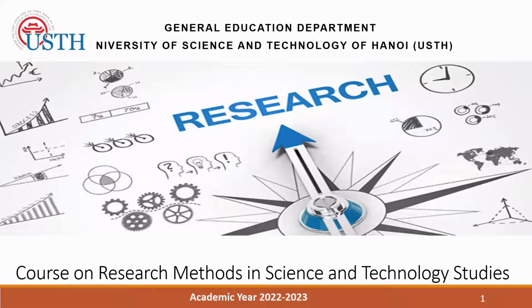Of course, science and technology studies also use research methods from other fields of study. And because we are now working on a science and technology master course, we have to focus on what we have to do in the next few months.